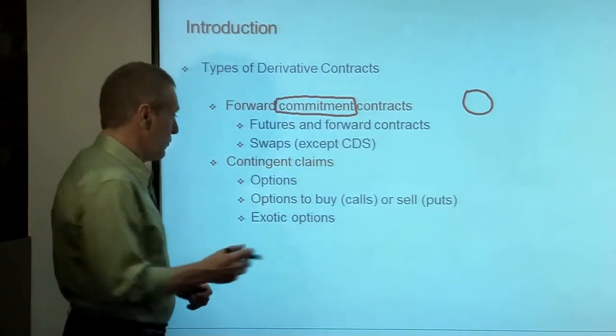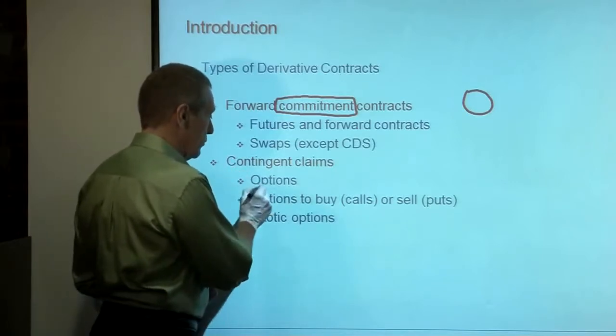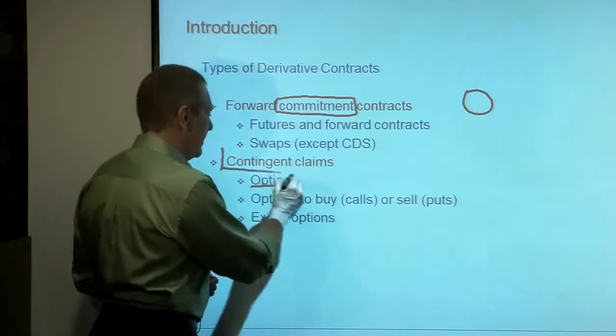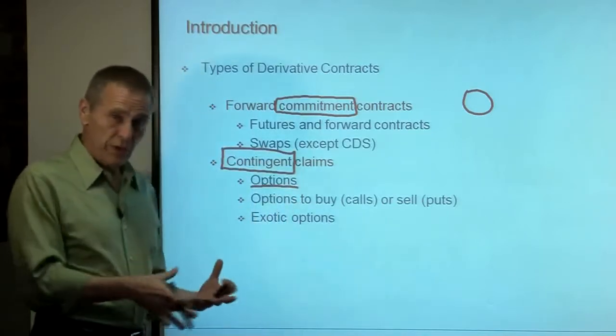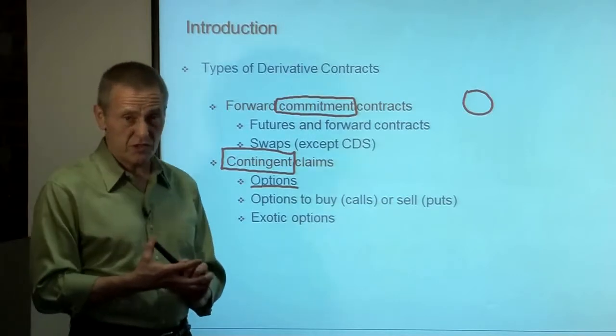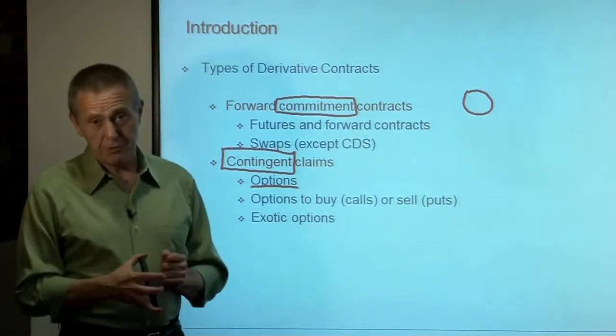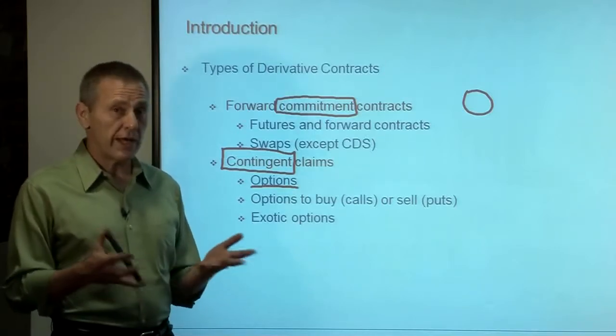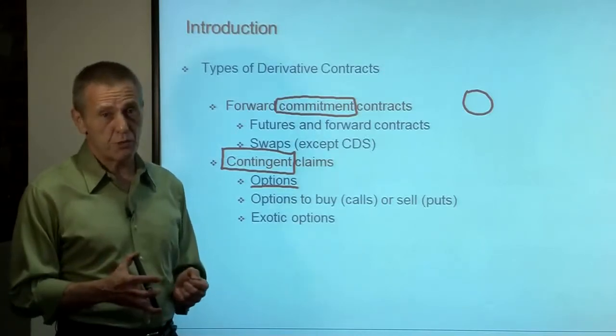Now, the other sort of derivative that we'll talk about, specifically options, but options are a subcategory of this other type of derivative contract known as contingent claims. Contingent claims? Well, think of a basic option contract, which we'll define in great detail later, but I suspect many of you had at least a little exposure to options previously.